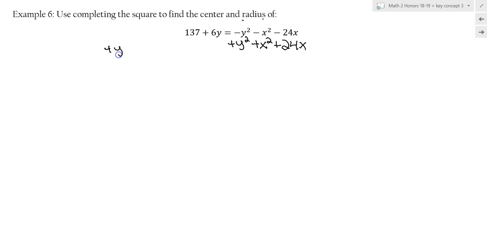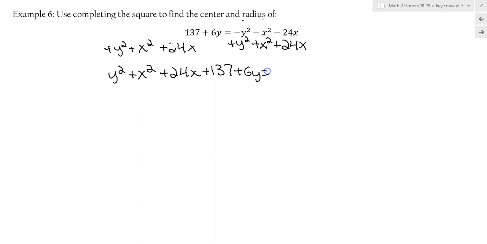So add y squared. If I add all those things, I have y squared plus x squared plus 24x plus 137 plus 6y equals 0. So I basically just moved everything over there.